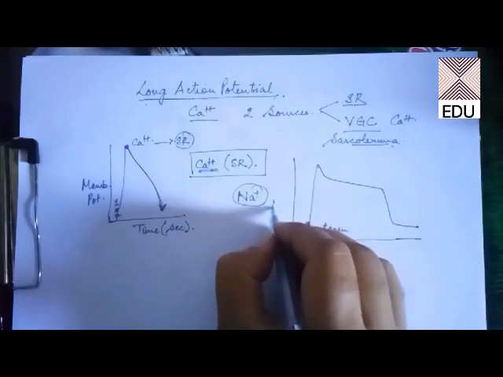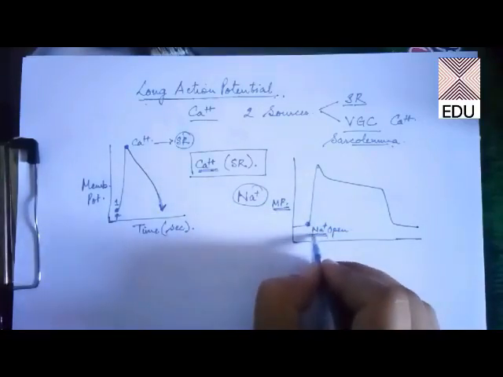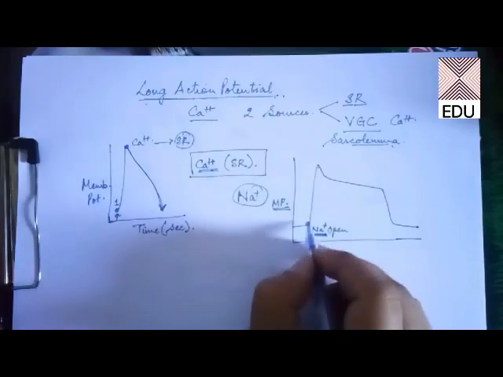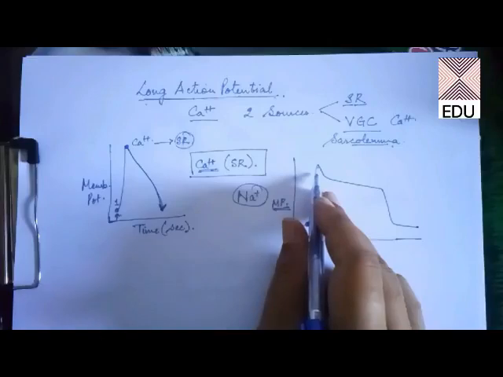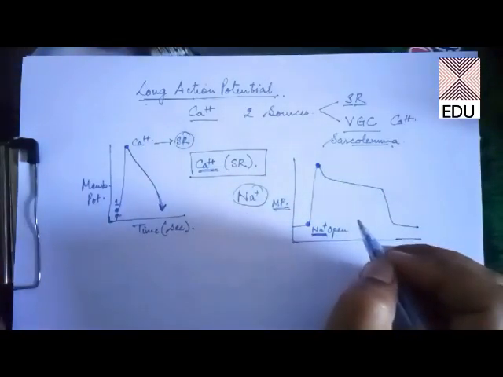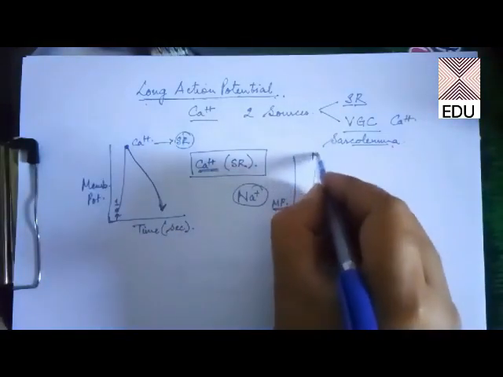This is the membrane potential. If sodium channels are open, they can generate a membrane potential. So on this point on the top, these sodium channels close.